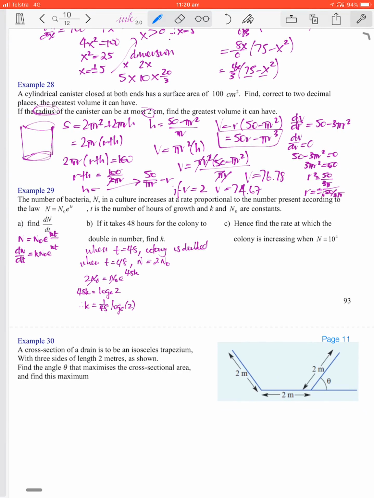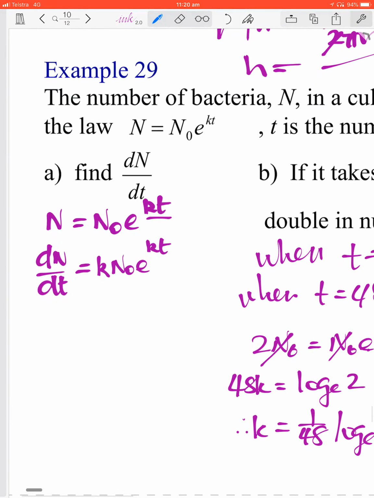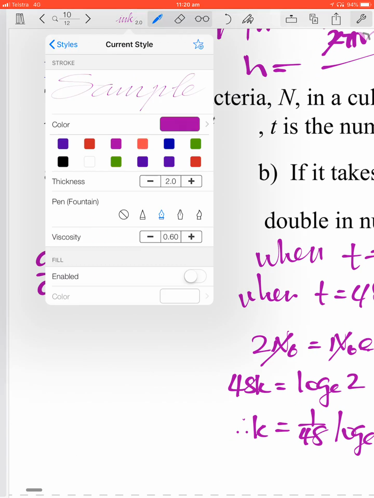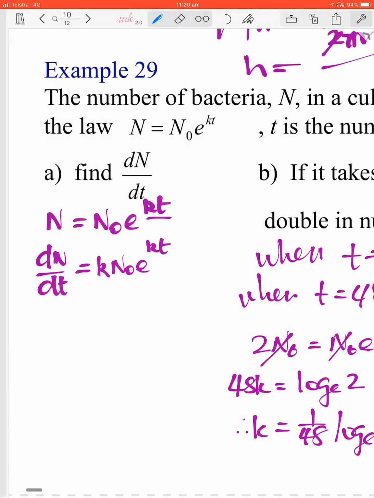Okay, so hence find the rate at which the colony is increasing when N equals 10 to the power of 4. So what do we know? If we go back here, this and this are the same.